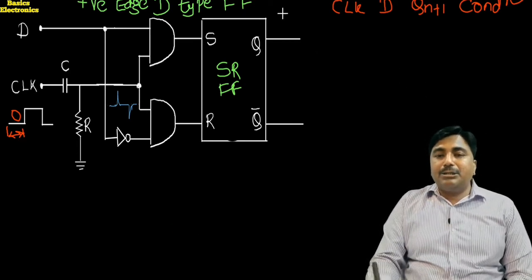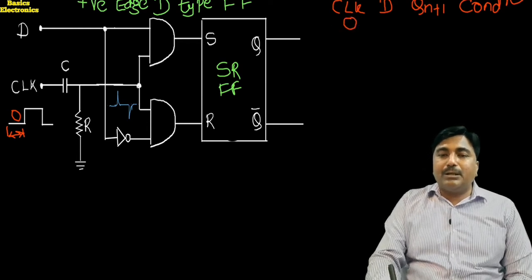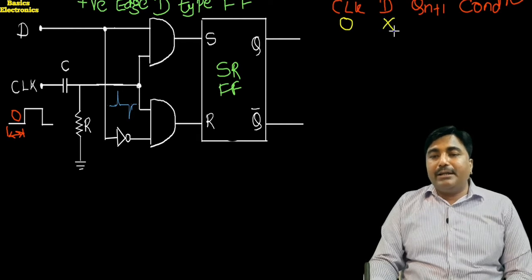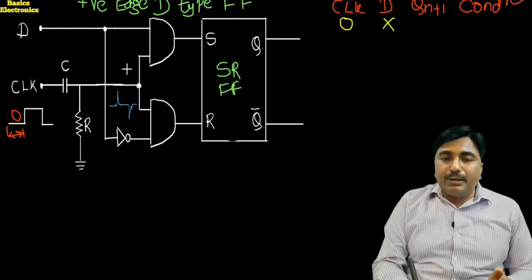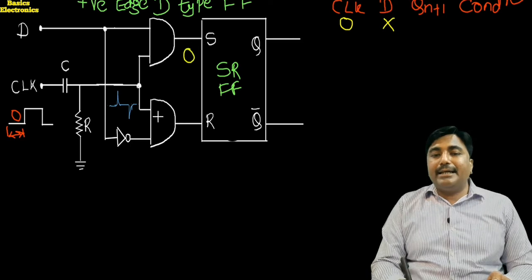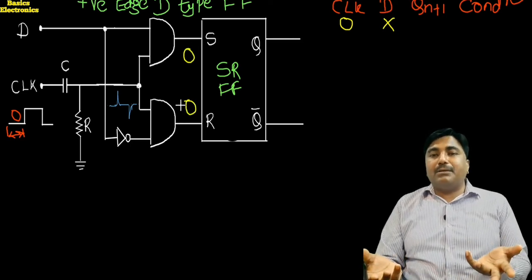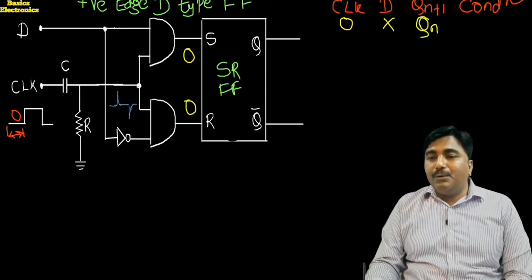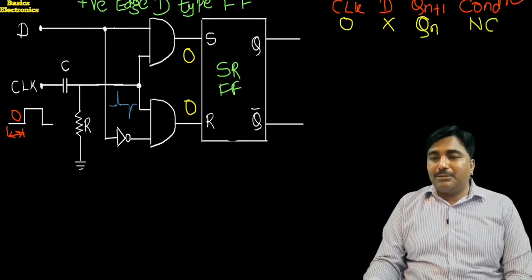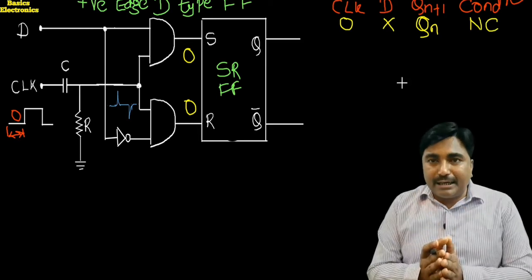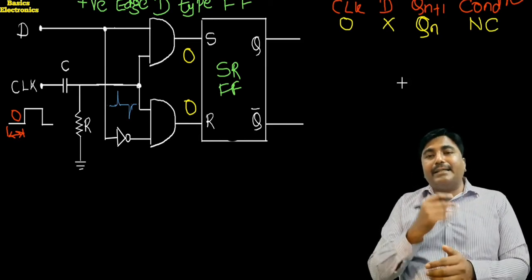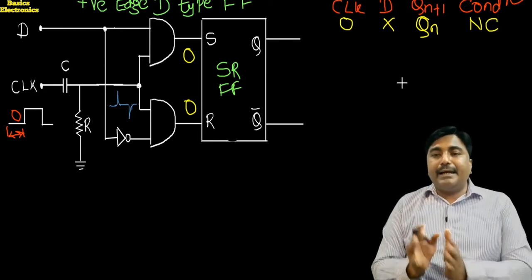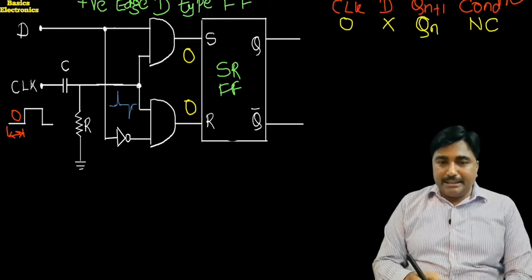At that time, whatever the D input, the clock input is 0, which means S is equal to 0 and R is also equal to 0. So therefore the output is Qn, and this condition we call the no change condition. Whatever the D input, either D is 0 or D is 1, we get a no change condition.